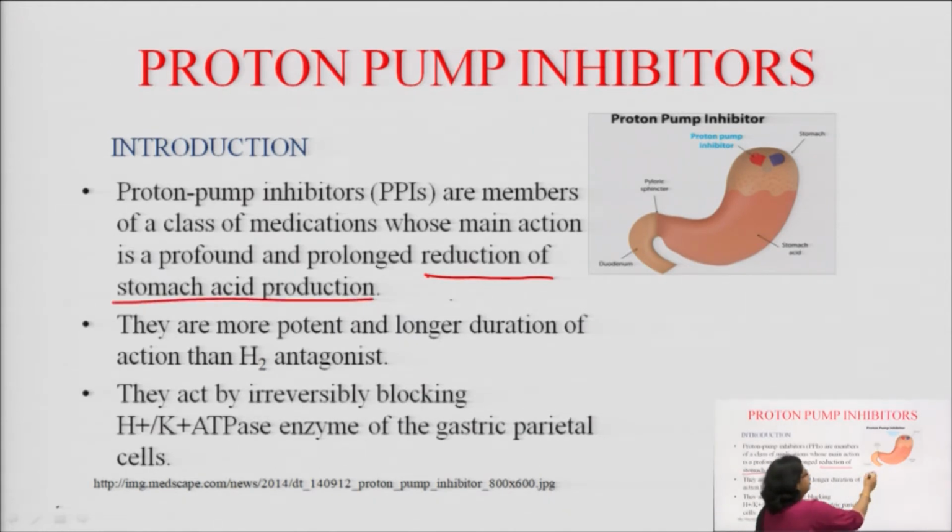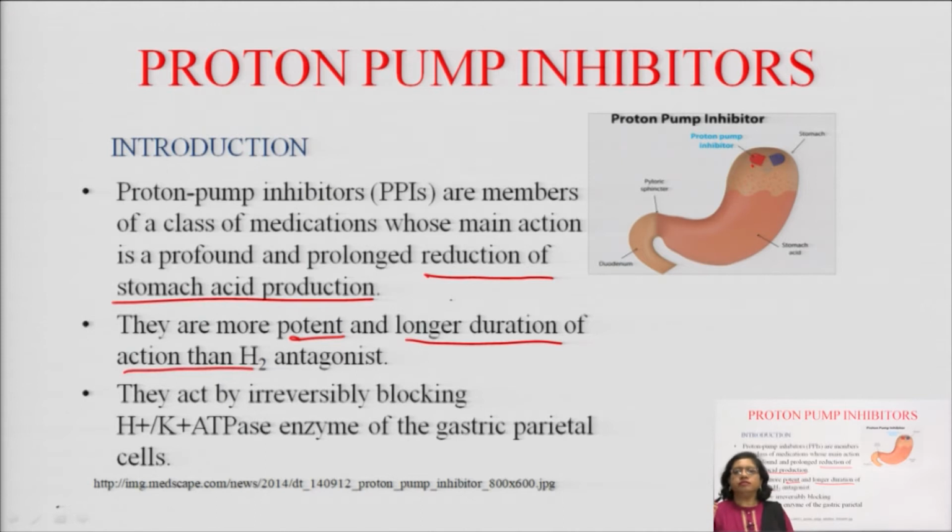You see here, this is the stomach, and the proton pump is here, which secretes the gastric acid. They are more potent and have a longer duration of action than H2 antihistaminic drugs. They act by blocking the hydrogen potassium ATPase enzyme of the gastric parietal cells.